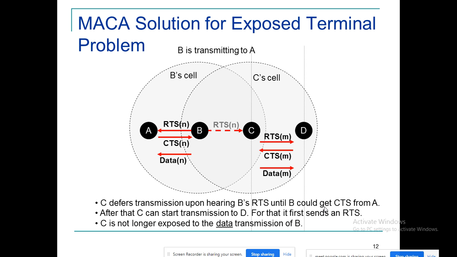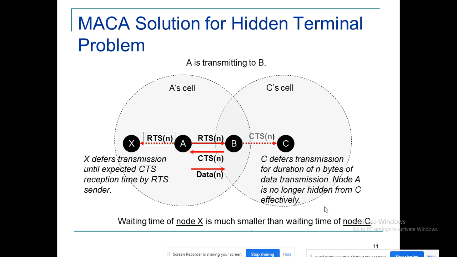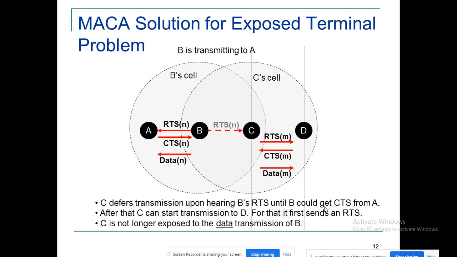In that way, I could solve the exposed terminal problem using RTS and CTS. From whom I am getting the CTS, by that the exposed terminal problem will be solved. If I get the CTS from a node later than the expected duration, ultimately it will reflect the presence of the other terminal. Right? So that could be the point.